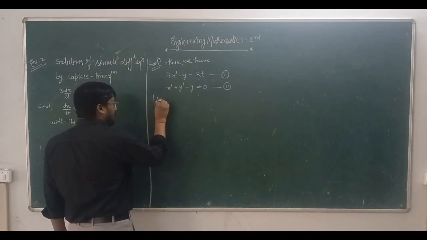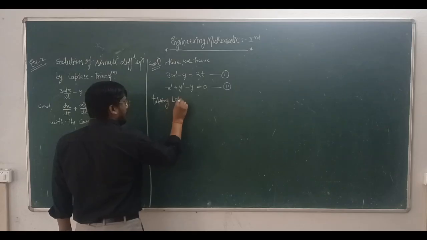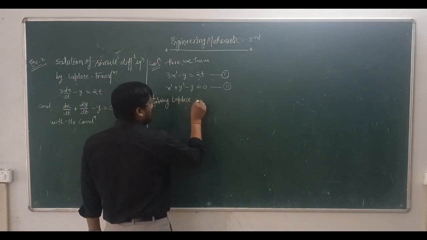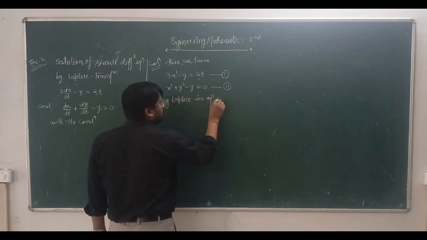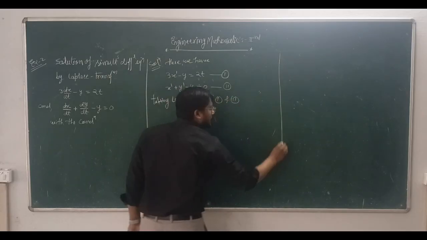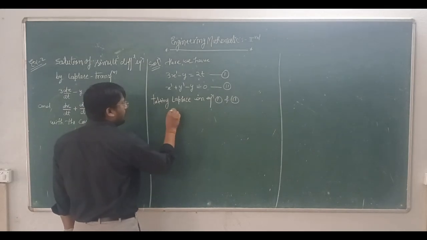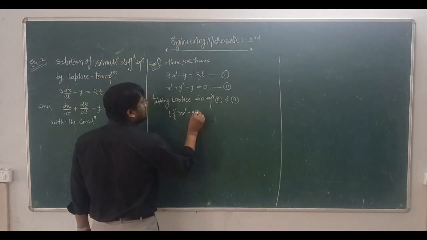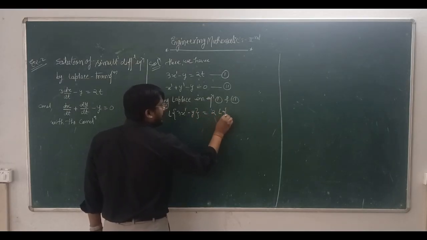Taking Laplace in equation first and second. You take the Laplace of equation first and second. First, Laplace of 3x dash minus y is equal to 2 Laplace of t.